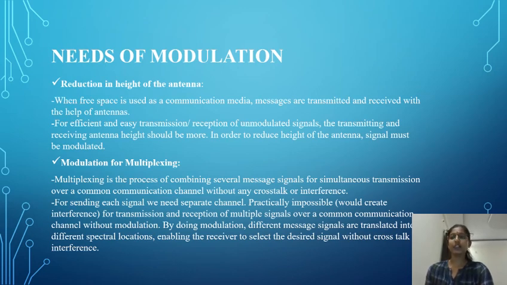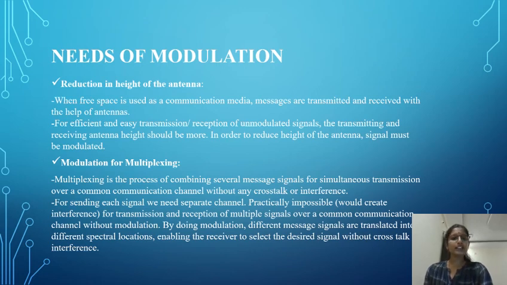Then, transmission and reception of multiple signals over a common communication channel is not possible without modulation. By doing modulation, different message signals are translated into different spectral locations, enabling the receiver to select the desired signal without crosstalk and interference. Then these are the needs of modulation, like reduction of height of the antenna and modulation for multiplexing.